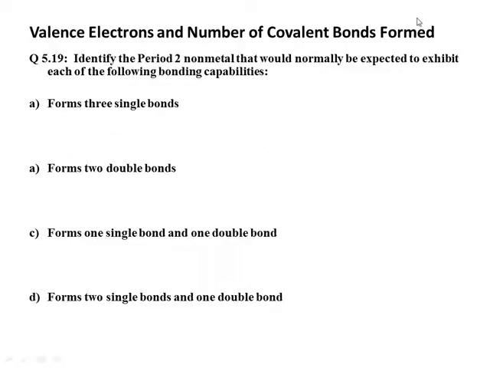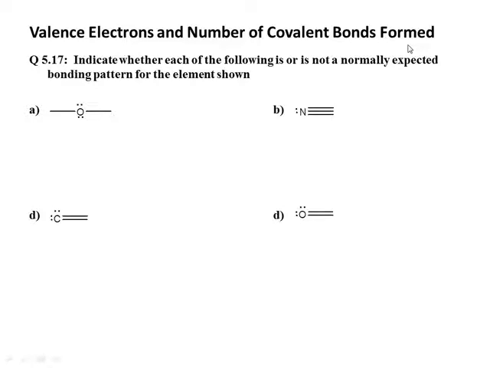Okay, moving on. Indicate whether each of the following is or is not a normally expected bonding pattern for the element shown.